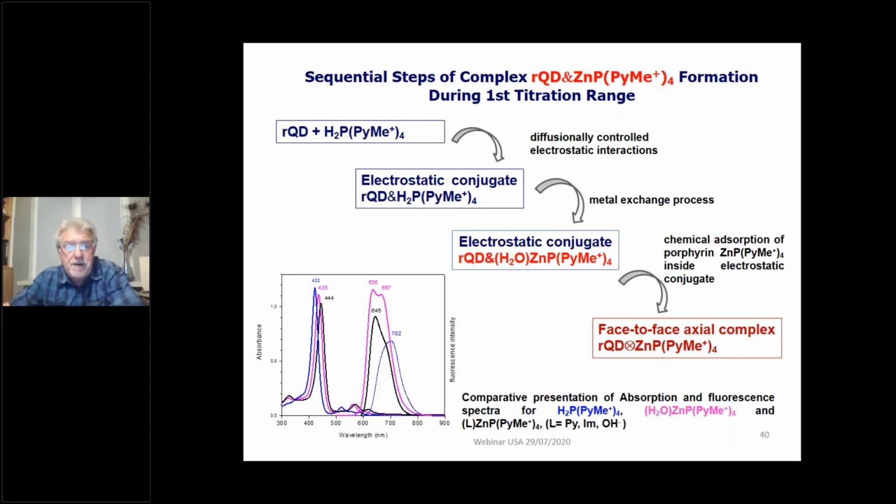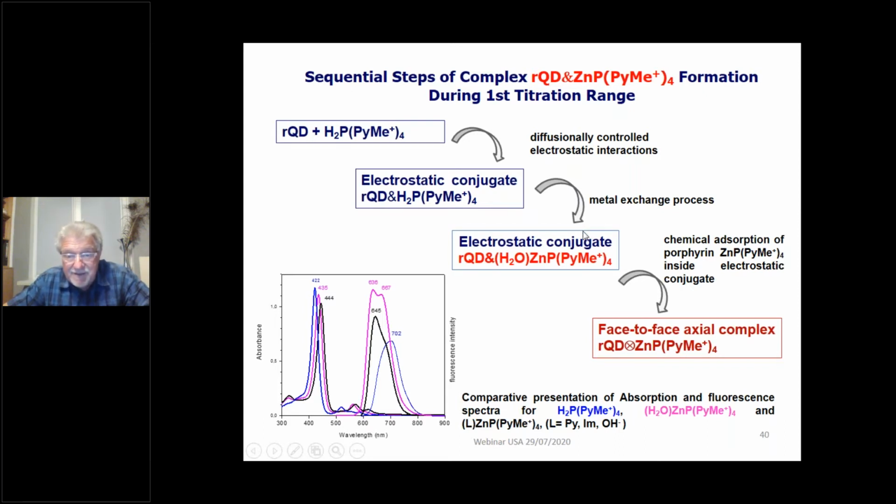In the first step, we have the interaction of quantum dot with porphyrin free base, realized via diffusionally controlled electrostatic interactions. The absorption band of this free base is shown by the blue line. Then, after attachment, we have the formation of an electrostatic conjugate, and in this electrostatic conjugate, we have the metal exchange.